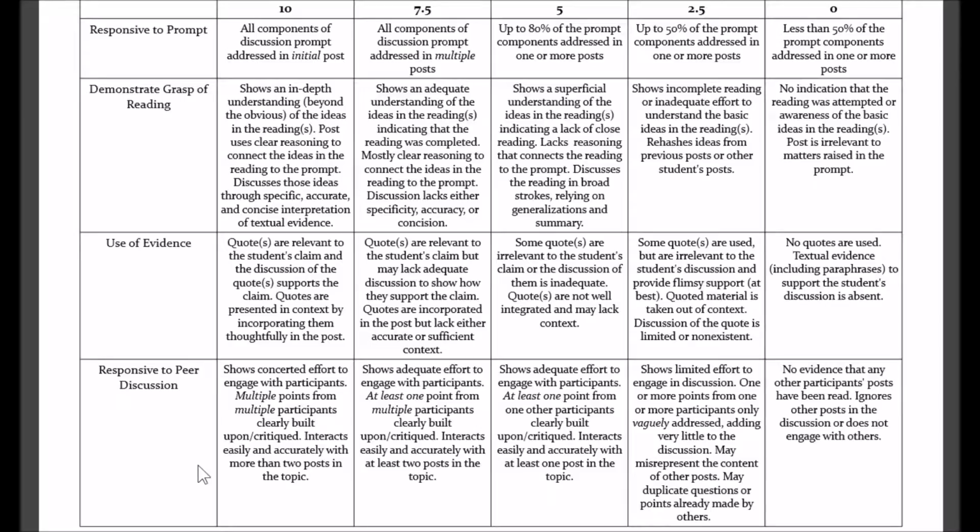You can still get a superior score if you respond to only one participant, but it has to be a very good response, and it has to meet the requirements that I've discussed both in the syllabus and here on the rubric. Okay, I hope that's clear. If there's any questions about that, then contact me.